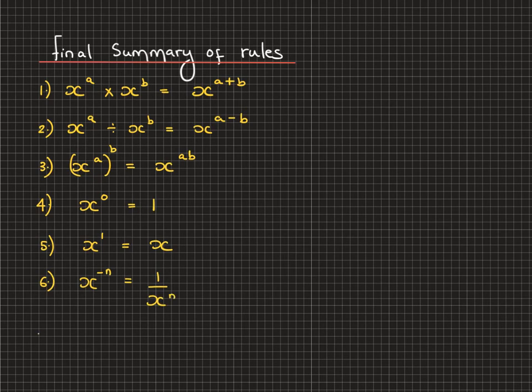And to finish off with, we've learnt about fractional indices. So we know x to the 1/2 is the square root of x, x to the power of 1/3 is the cube root of x, and in general, x to the power of 1 over n is the nth root of the value of x.